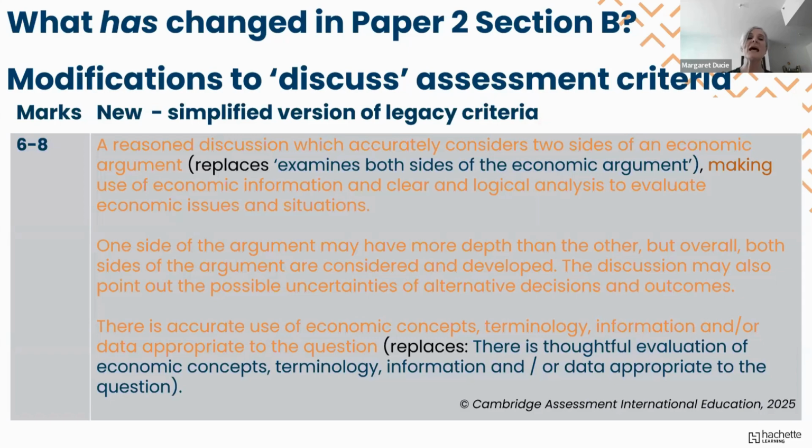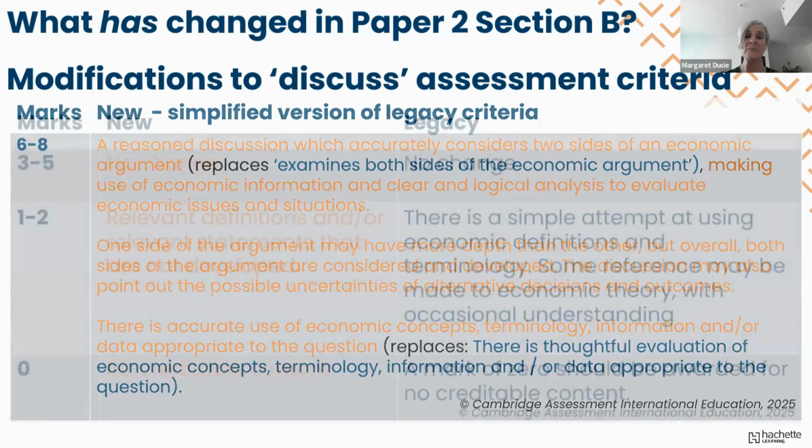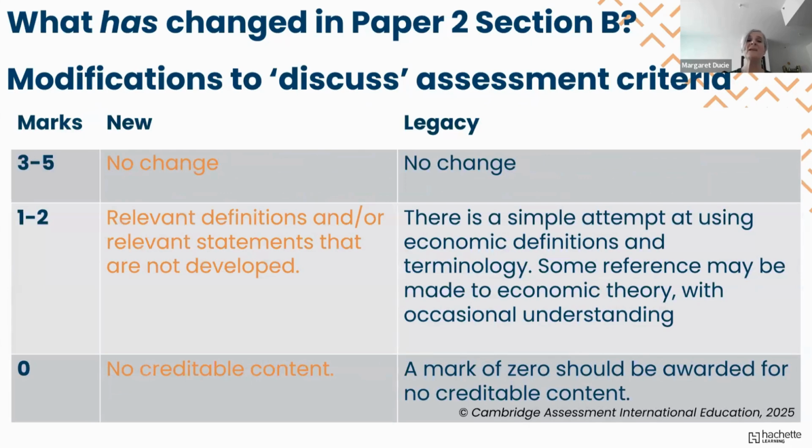So if you just look at the last slide, please, in my section, again, the orange is a lot simpler, but it's basically saying the same thing as previously. So I think to aid student understanding and aid teacher marking and interpretation, it seems a little bit more straightforward for students and teachers.